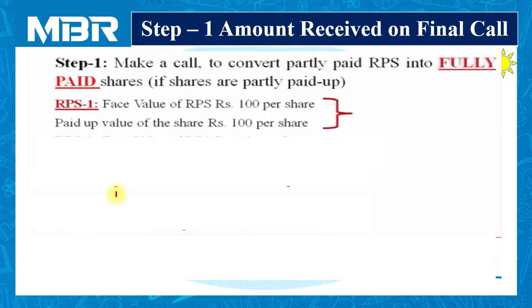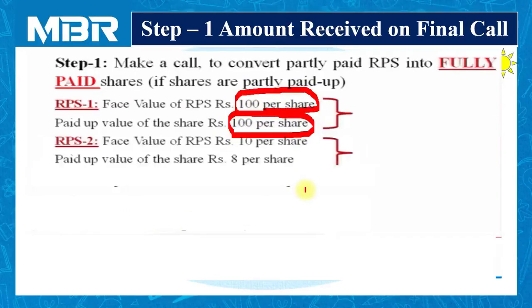This is useful to us in order to identify the situation. So this is nothing more than identification. This is RPS 1. For RPS 1, face value of the share is rupees 100 and paid up amount is also rupees 100. It means that the first category of preference shares is fully paid up.